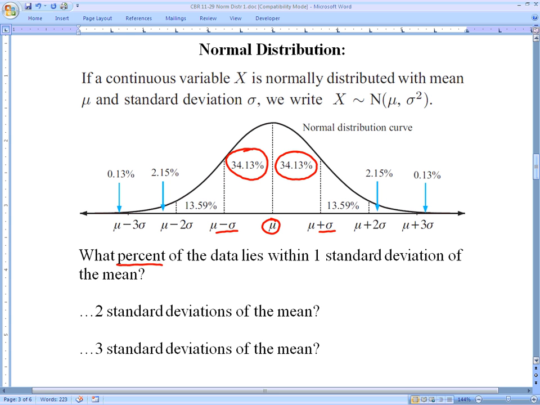So the question is, how much of my data is within one standard deviation in either direction? So basically we say we have 34.13 in one direction, and we have 34.13 in the other direction. And if I add those things together, I'm getting approximately 68.3 roughly.